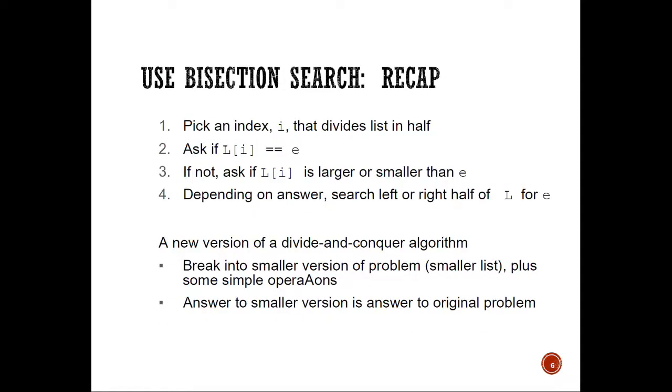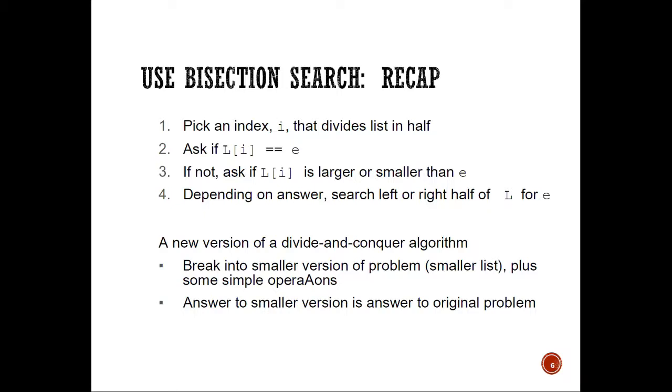Now moving to the bisection search method, as mentioned in the previous week's lectures, the way that it works is that we pick the index that divides the list in half. We check if the element within that list is equal to the element that we're looking for. If not, we check whether the element at that index is larger or smaller than the searched element.